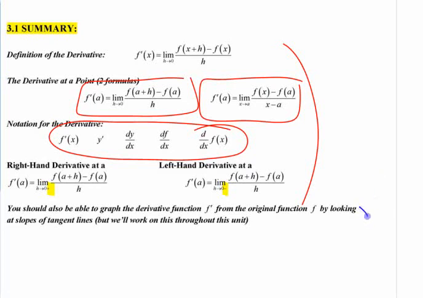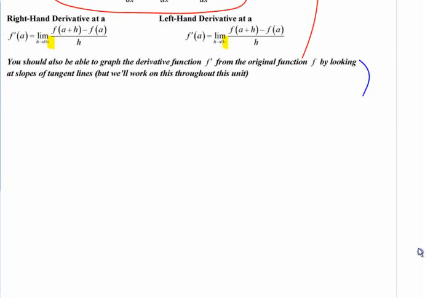We have started looking at graphing derivatives from the function and the function from the derivative. We'll continue to do that as we work through the next couple of units, because that's a tough thing to do. Are we okay? We're going to talk about the first part of the next section before calling it a day.